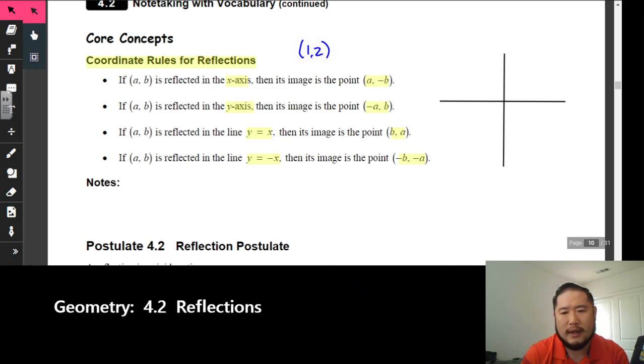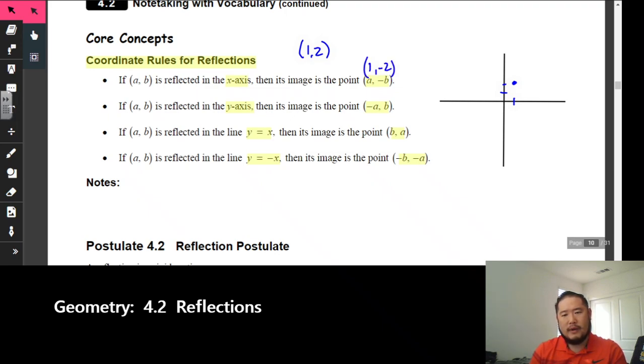That's our original point. And I'll go ahead and put right here 1. I've got an axis here magically, and I'm going to go ahead and plot that point. That right there is our original point. And so it says if we're going to reflect across the x-axis, which is that horizontal line, our point is now going to be at 1, comma, and then negative b, which would be negative 2.